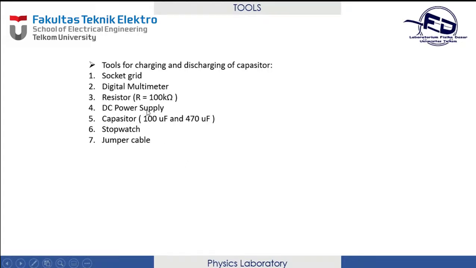There is a DC power supply, so we're going to use DC current here, direct current, sorry. And the next one is the capacitor. We're going to use two different capacitors, which are 100 microfarad and 470 microfarad, okay. The next one is a stopwatch, and the last one is a jumper cable.